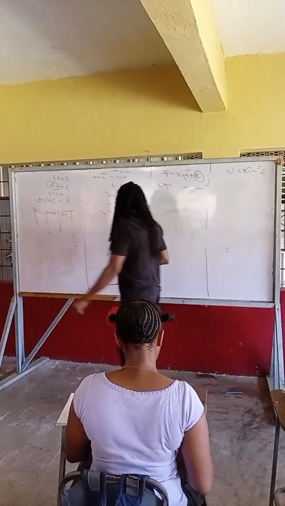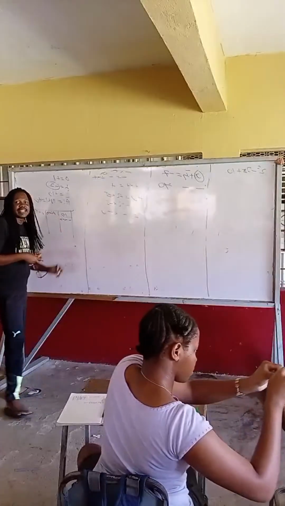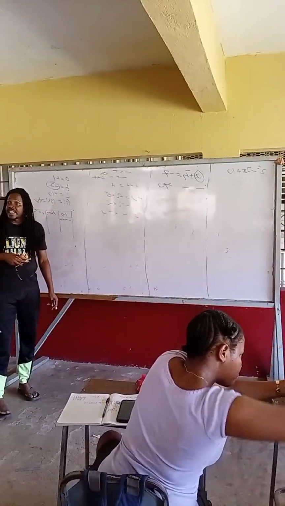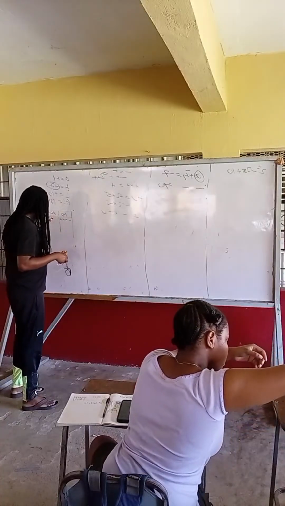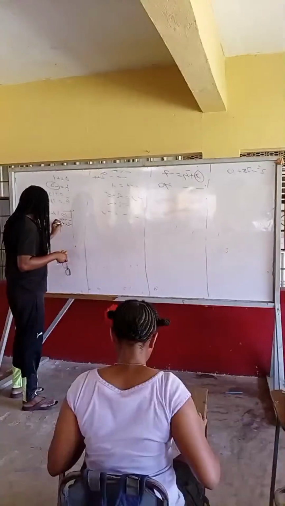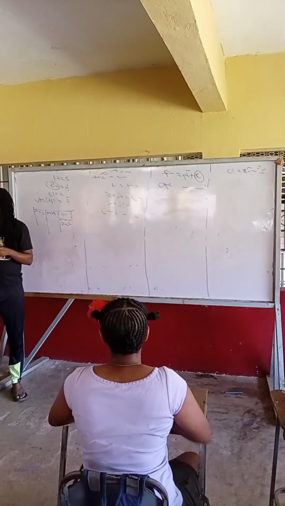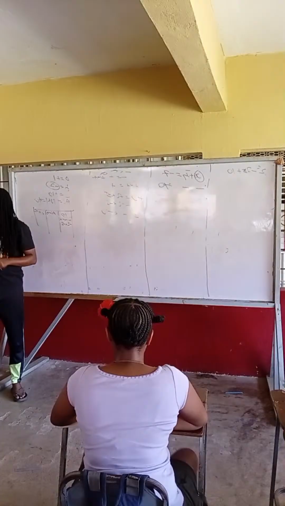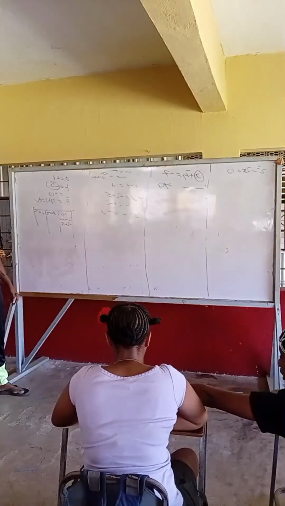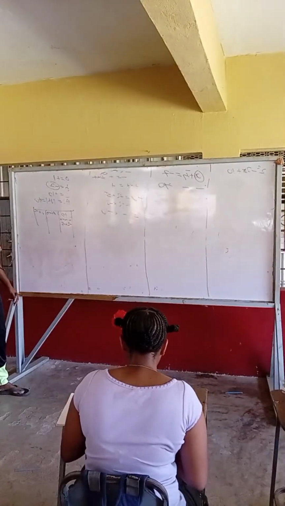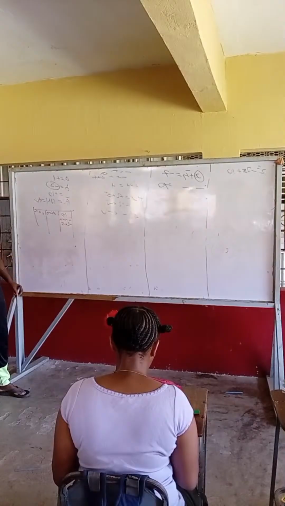So we are going back over there. Now 10: negative 1 times negative 10. Everybody see that? Also negative 2 times negative 5. Is there anything else? No. Negative 1 times negative 10, is that positive 10?